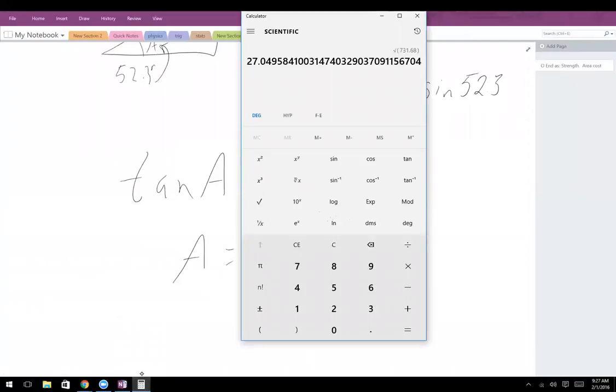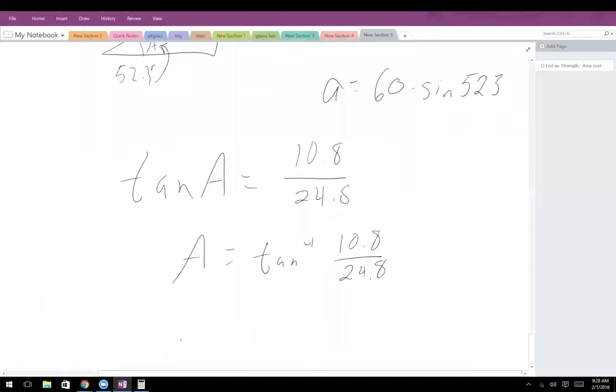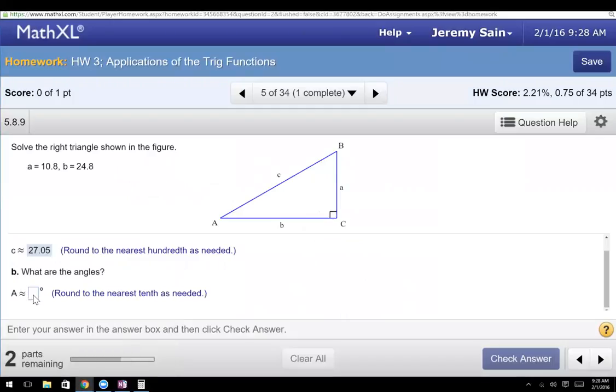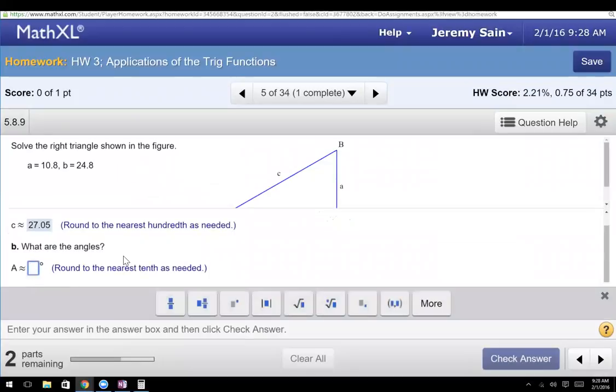And this is almost certainly in degrees. I didn't read in the problem, but I'm going to assume so. 10.8 divided by 24.8, inverse tangent is 23.53 degrees. So 23.5 if I round to the nearest tenth. And you know it's in degrees because it's got that little degree circle by the answer there.